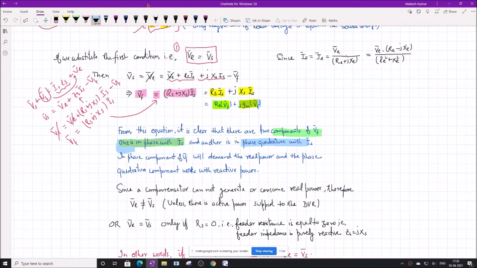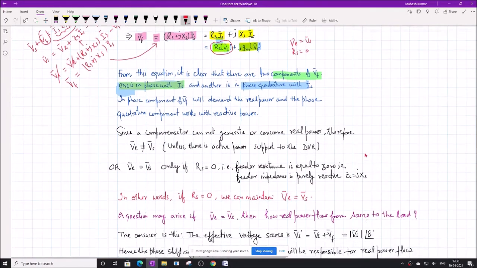That means that unless we have active power support, unless we give capacity to manipulate the real power either to inject or to take, only then can we maintain VL equal to VS. Or there is one condition, that RS must be equal to 0.